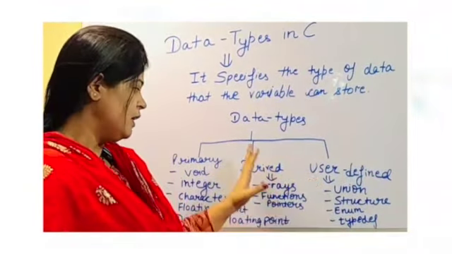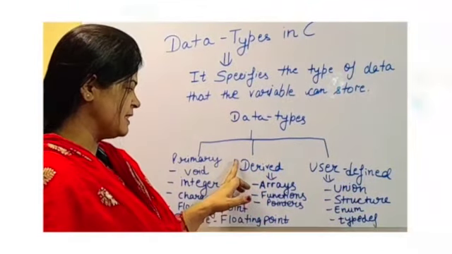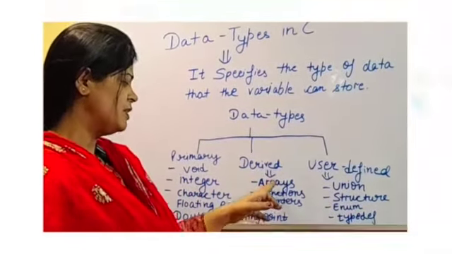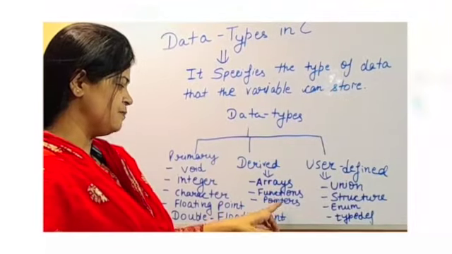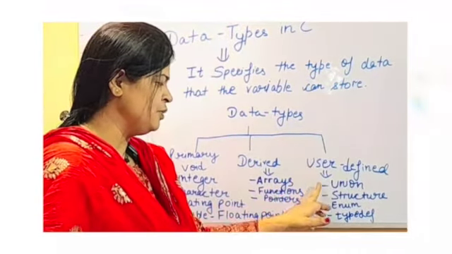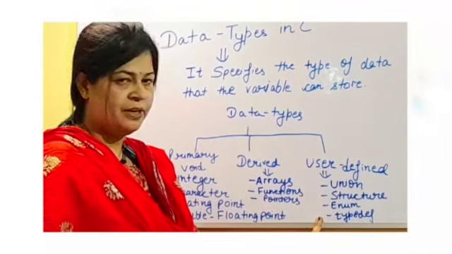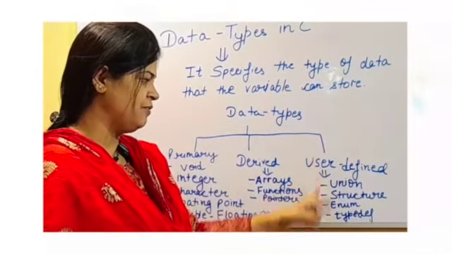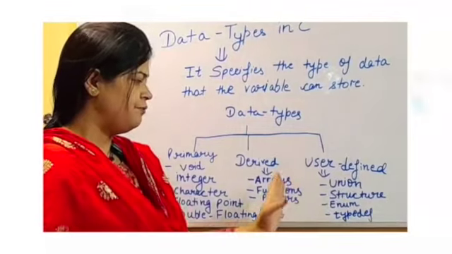In my further videos, we will discuss derived data types, because arrays, functions and pointers are themselves separate chapters. User defined data types, union, structure, enum and typedef, are also different chapters.